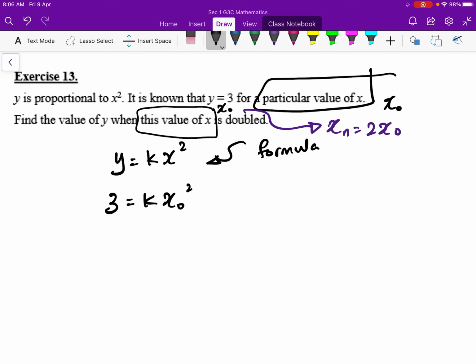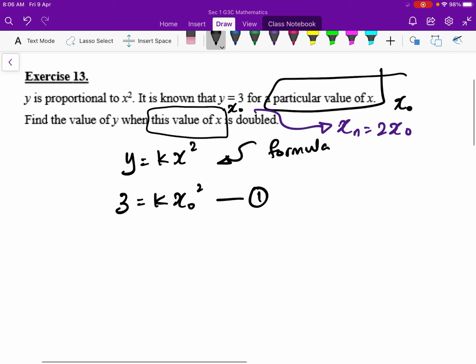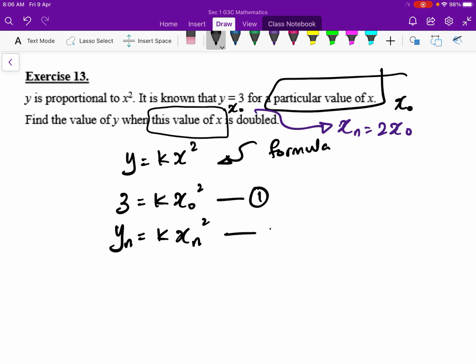Okay, so this is kind of like our first equation. Now my second equation is my y new equals k times x new squared. This is my second equation. But my x new is 2 times x0, so we can replace that: 2 times x0, close bracket.